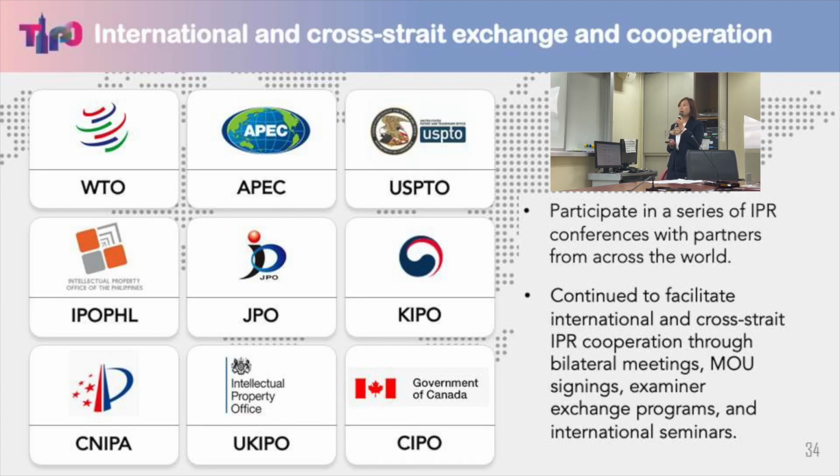So we participate in a series of IPR conferences with partners from across the world and continue to facilitate international and cross-strait IPR cooperation through bilateral meetings, MOU signing, examiner exchange programs, and international seminars.